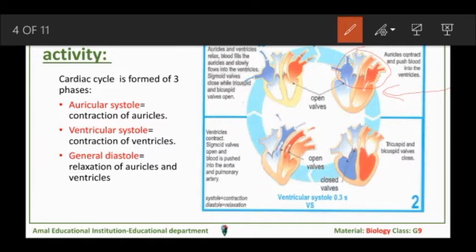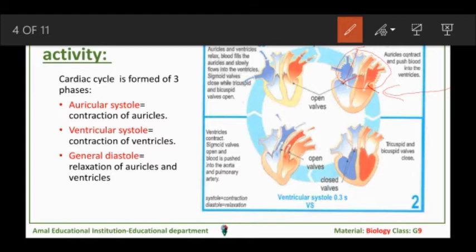In your opinion, when the blood is pushed from auricles to ventricles, which valves must be opened? For sure, the bicuspid and the tricuspid, these 2 valves found between the auricles and ventricles. And in this case, there's no need for the sigmoid valves to open.